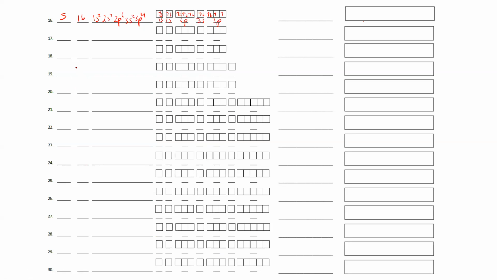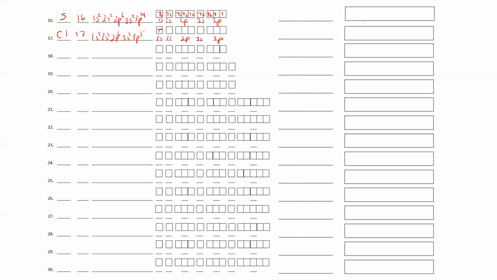You do the same thing with chlorine. Actually, we'll just do that, and maybe do them all. So 17 electrons. So it's 1s2, 2s2, 2p6, 3s2, and 3p5. So 1s, 2s, 2p, 3s, and 3p again.